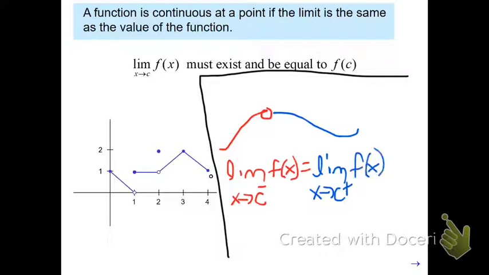But that's not enough. That simply ensures that the limit exists, okay? For it to be continuous, that hollow point has to be filled in with a solid point.